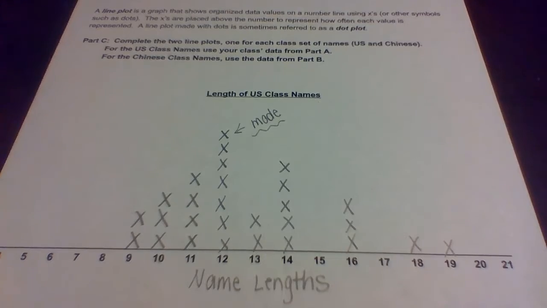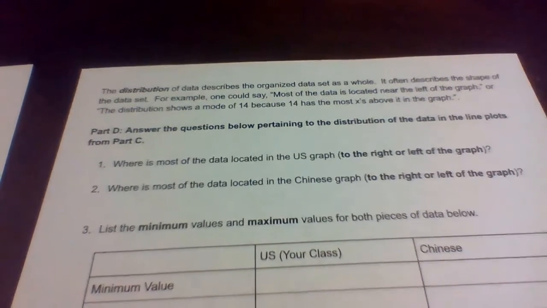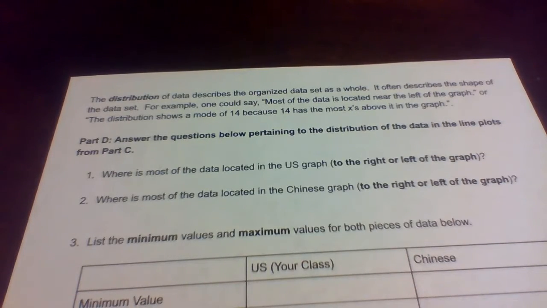Okay, so part D of our worksheet asks us to answer the questions below according to the data distribution. It's asking us where is most of the data located in the US graph and in the Chinese graph. Well, in the Chinese graph, we said that most of it's located to the left of the graph, and it's actually called skewed.